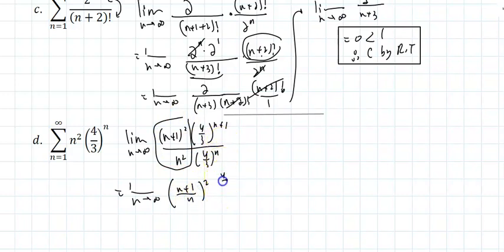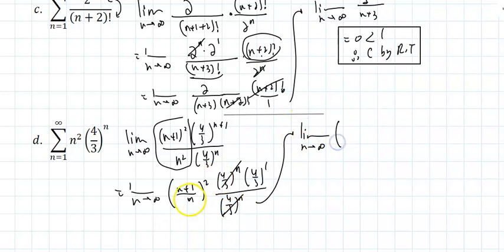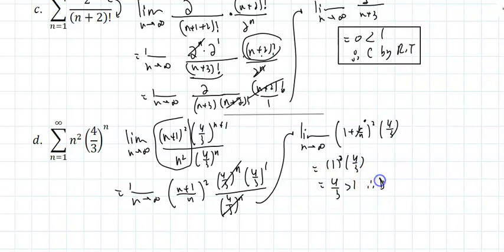And here I'm going to write this as 4/3 to the n times 4/3 to the 1 over 4/3 to the n. So I notice here that those cancel out. And this is the limit as n approaches infinity. Here, that's 1 plus 1 over n squared times 4/3. So this will approach 0. That will be 1 squared times 4/3, which is 4/3. That's bigger than 1. Therefore, diverge by the ratio test.